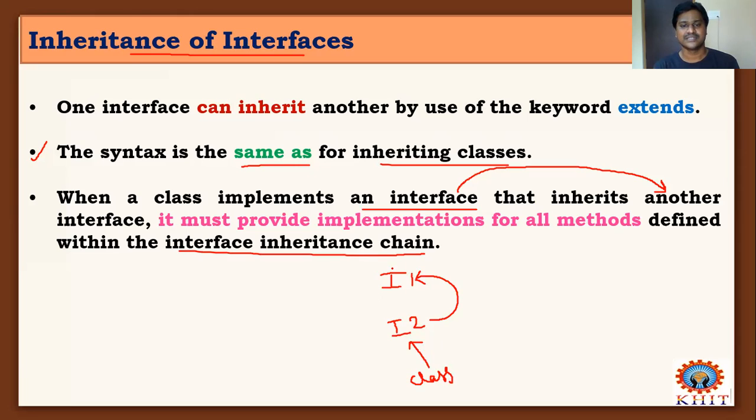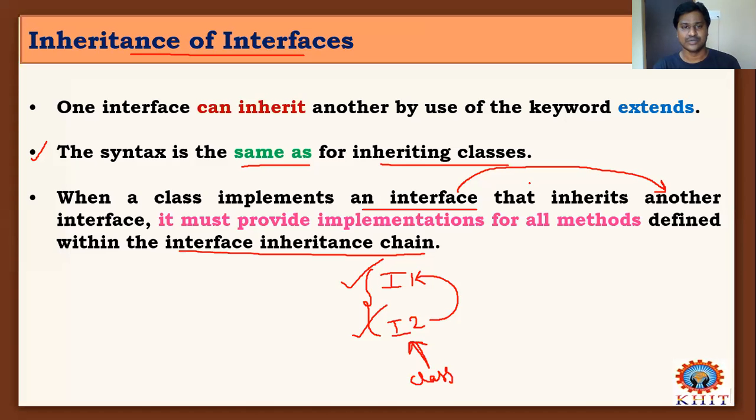Whereas here, some inheritance is achieved among these interfaces. Whenever this class extends these properties of interface I2, this class must and should implement all the methods defined in interface 1 as well as interface 2. Okay, got it?